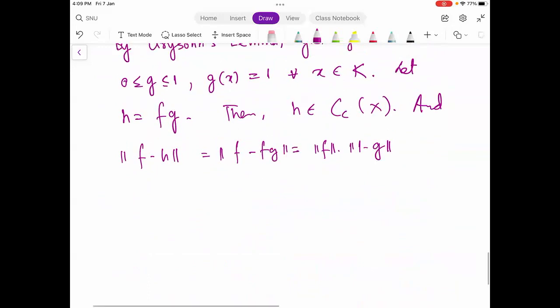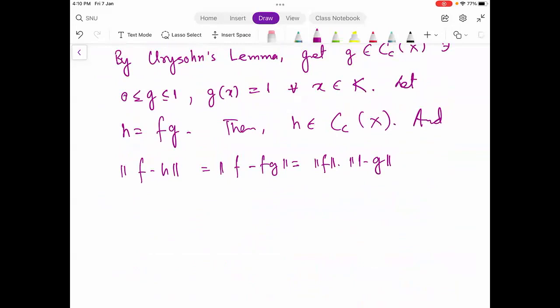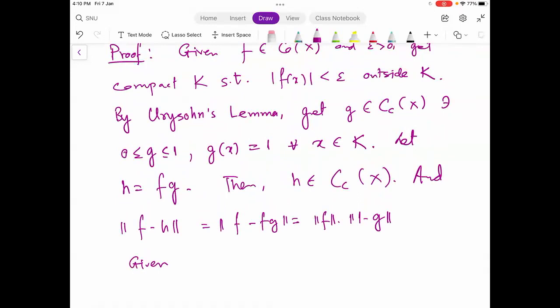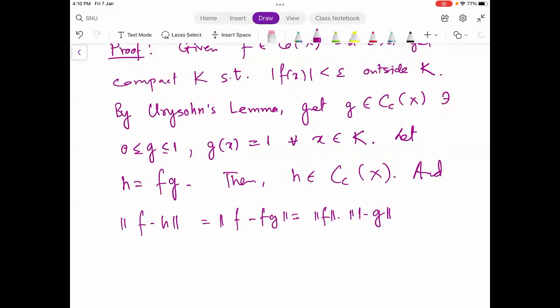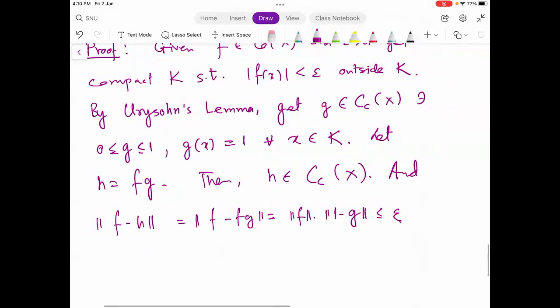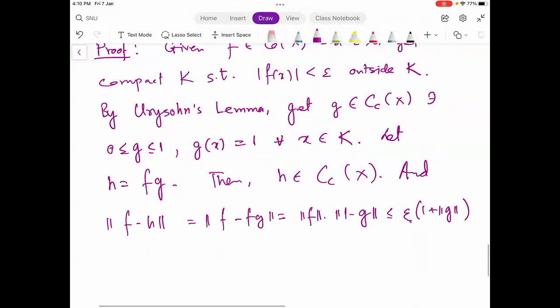So choosing epsilon, this is less than or equal to epsilon times, well, if you want to be very crude, it doesn't really matter, 1 plus the norm of g, for example, and that's it.